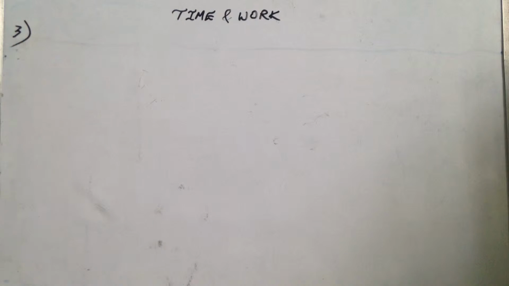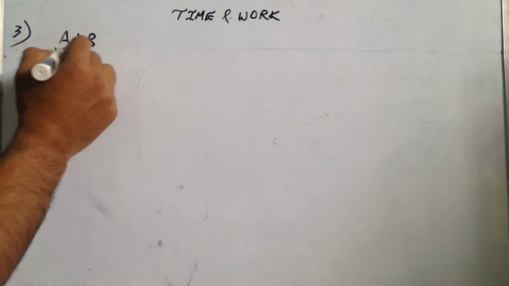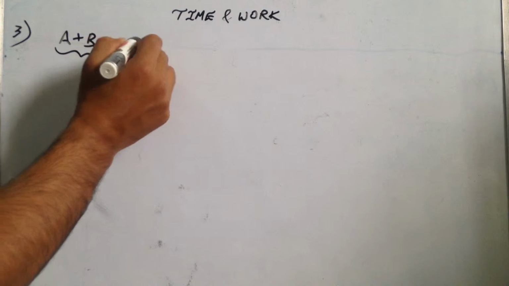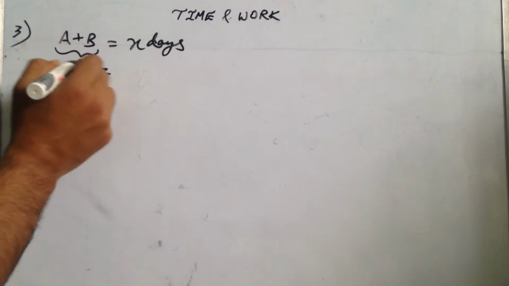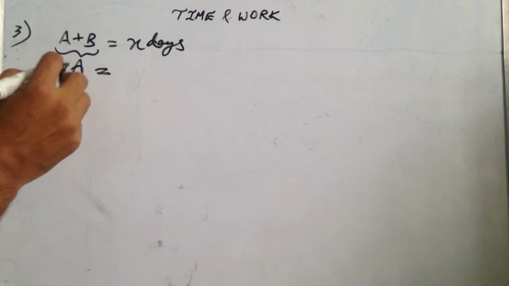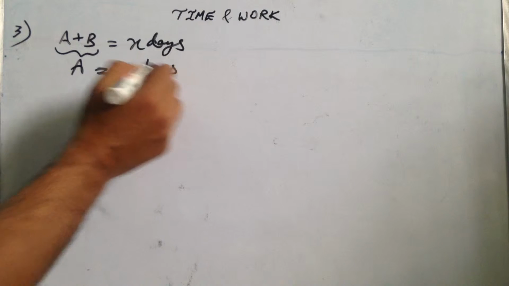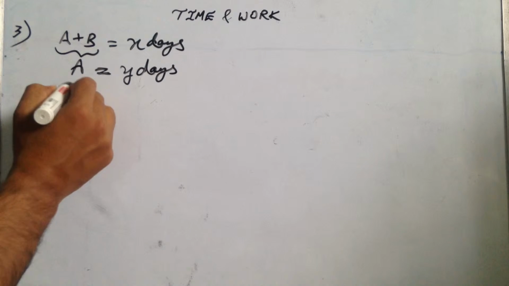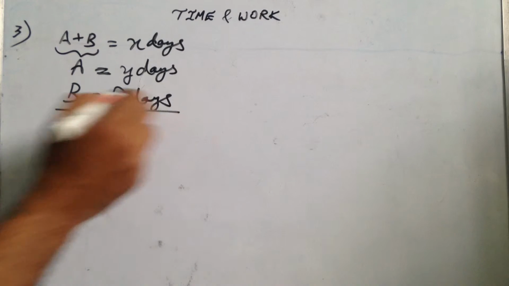The third type is based on the same previous types. Suppose it is given that A plus B, meaning the two persons working together, take X days, and person A, if he is working alone, takes Y days, then how many days will B take to do the work?